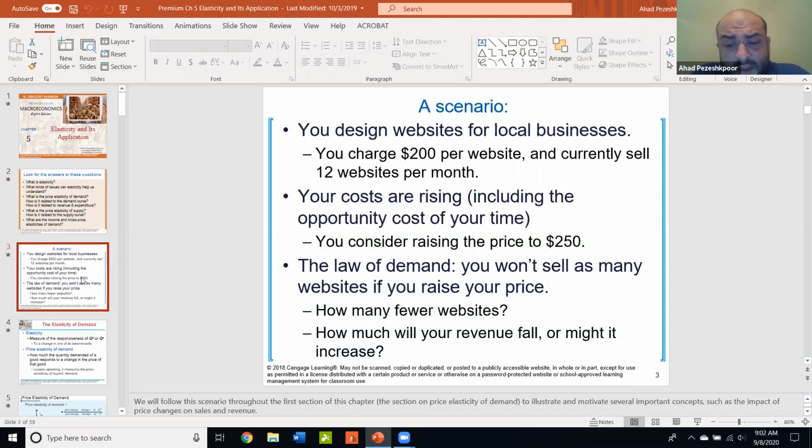How many fewer websites? How much will your revenue fall? Or will it probably increase, maybe? These are the questions when we talk about how many or how much. It's why we need elasticity.